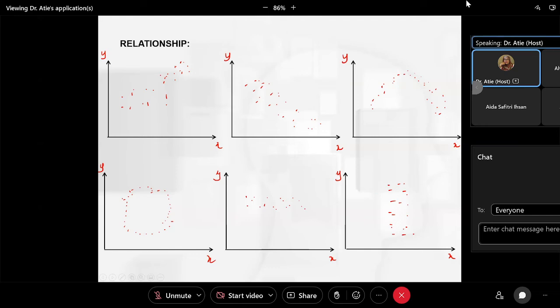I would like you to draw all these 6 diagrams, 6 graphs on page 135. Once you're done, let me know.